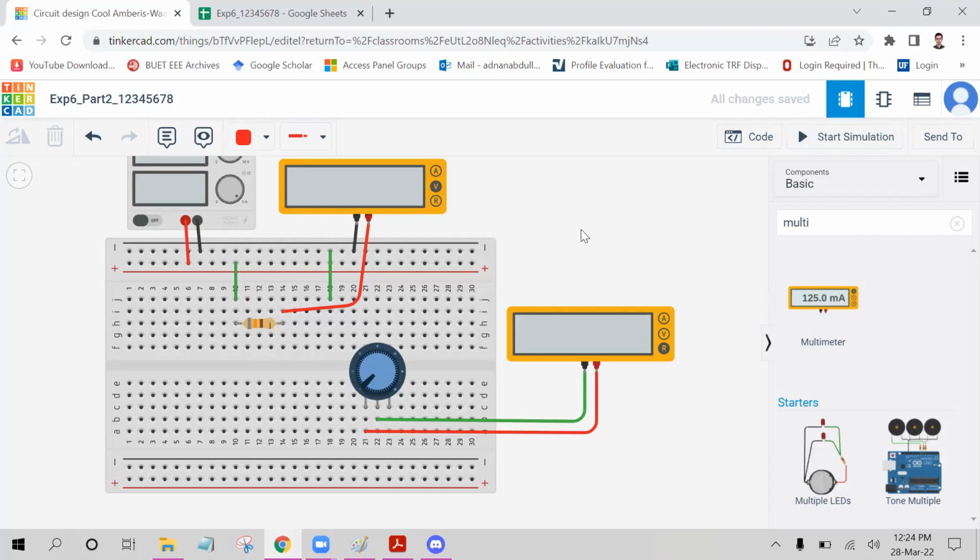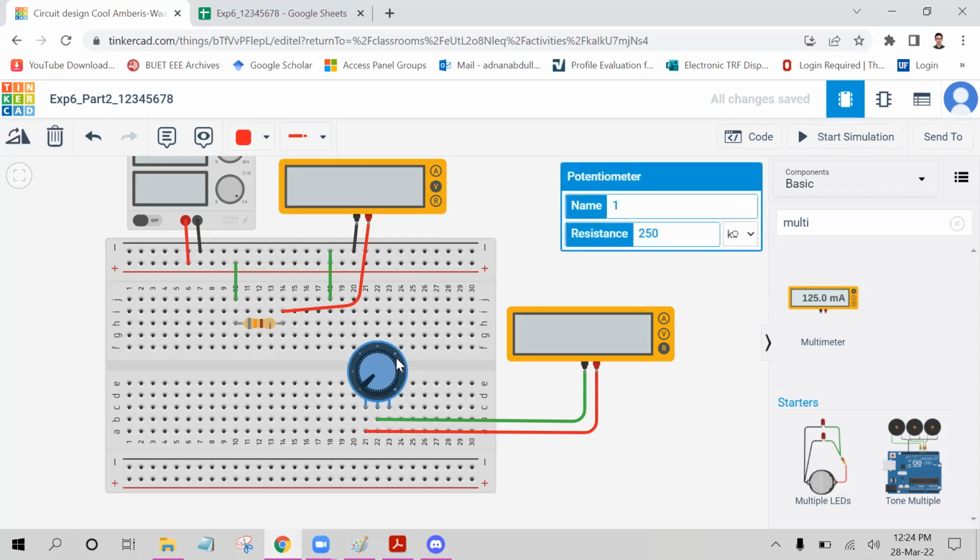Okay students, now for our task we do not need a lot of resistance here. Maybe what can be our maximum value today? Maybe 3 kilo ohm, 4 kilo ohm, that should be enough. So we are going to change the maximum value of this potentiometer. Stop the simulation, click on the potentiometer, and you should be able to see this dialog box.